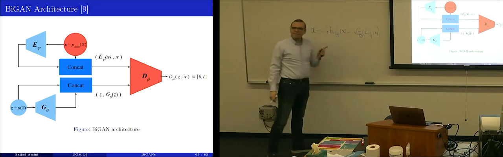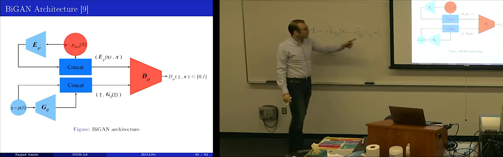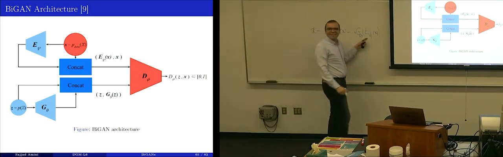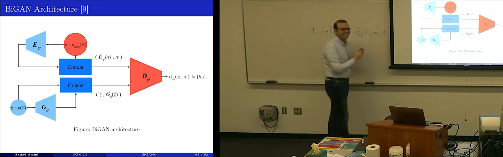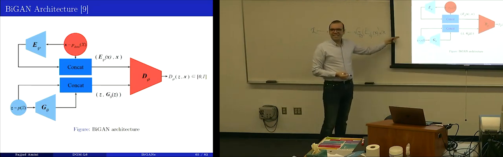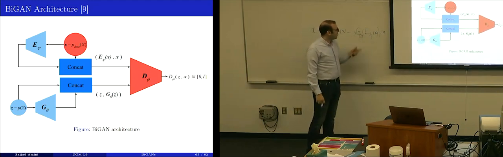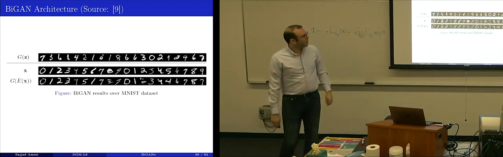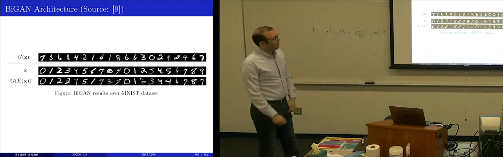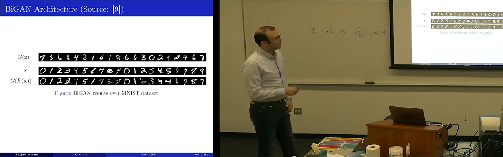What do you think happened in the output? Hopefully x. Yes. It means that, to some extent, E psi can invert the operation of g theta. And this is what happens in practice.